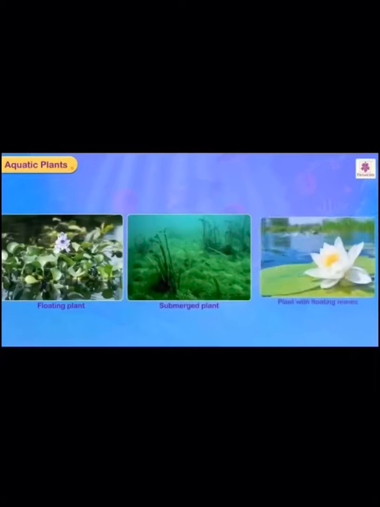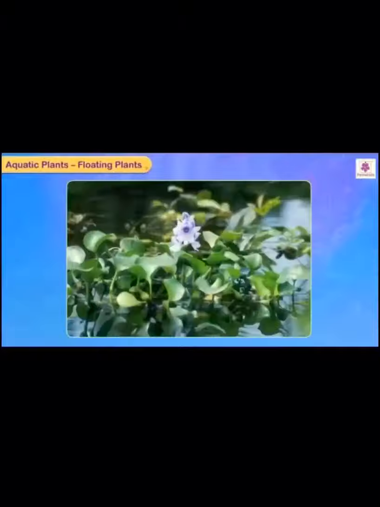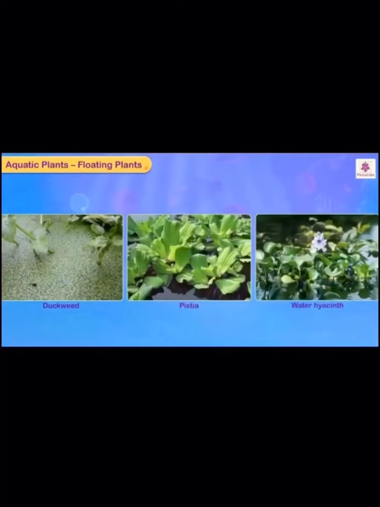Aquatic plants can basically be divided into 3 categories: floating plants, submerged plants, and plants with floating leaves. A. Floating plants. Plants such as duckweed, pistia, and water hyacinth float on fresh water.